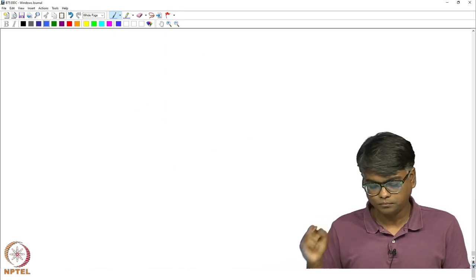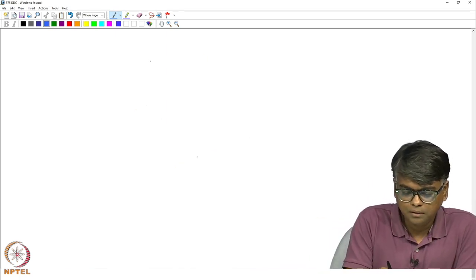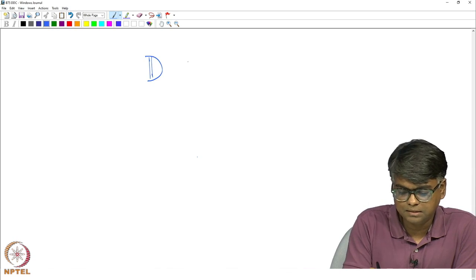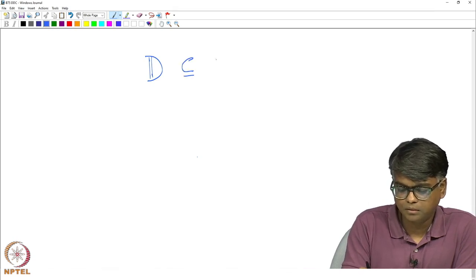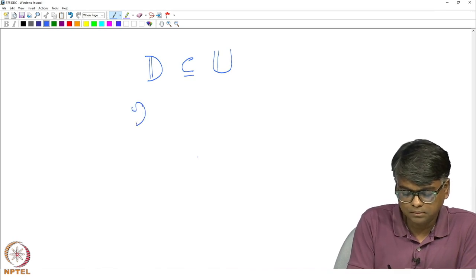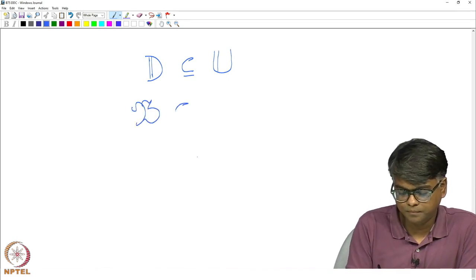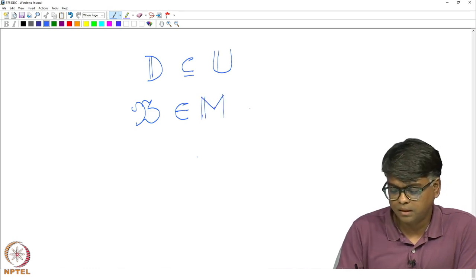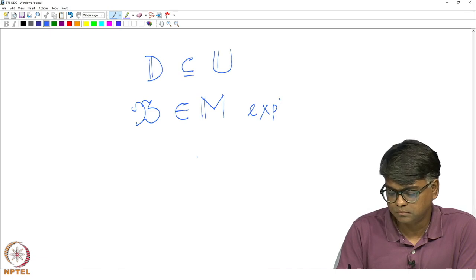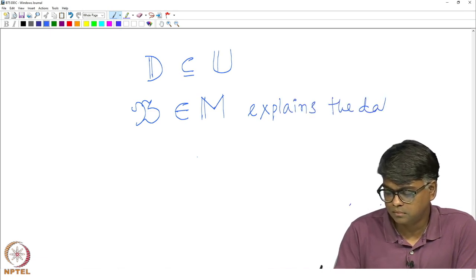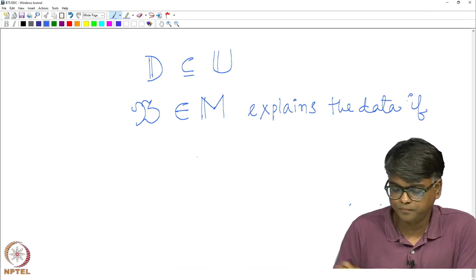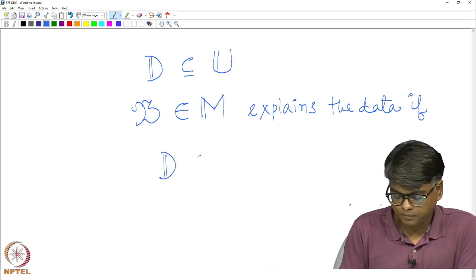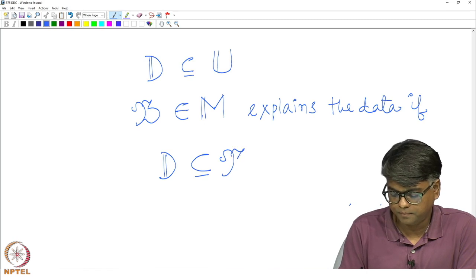Now, given a data set, we say that a model or a behavior from our decided model class explains the data if the data is contained in the behavior.